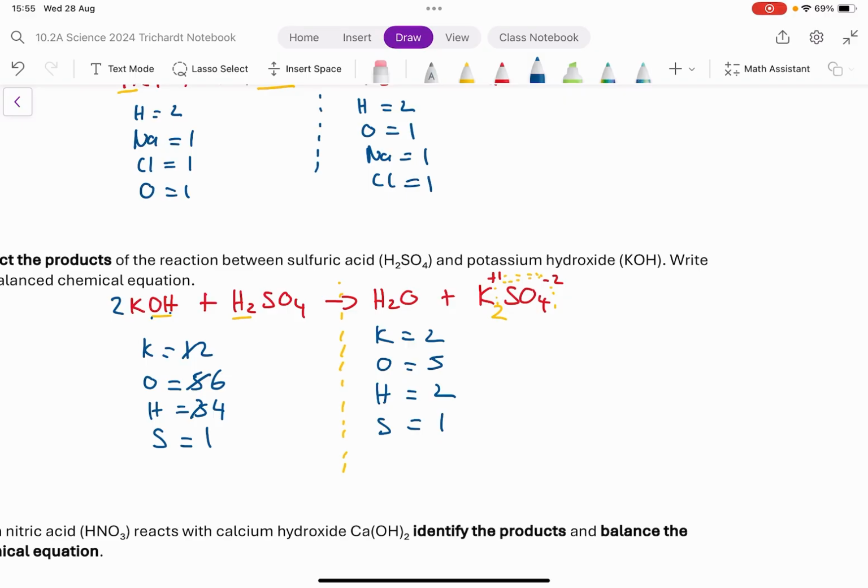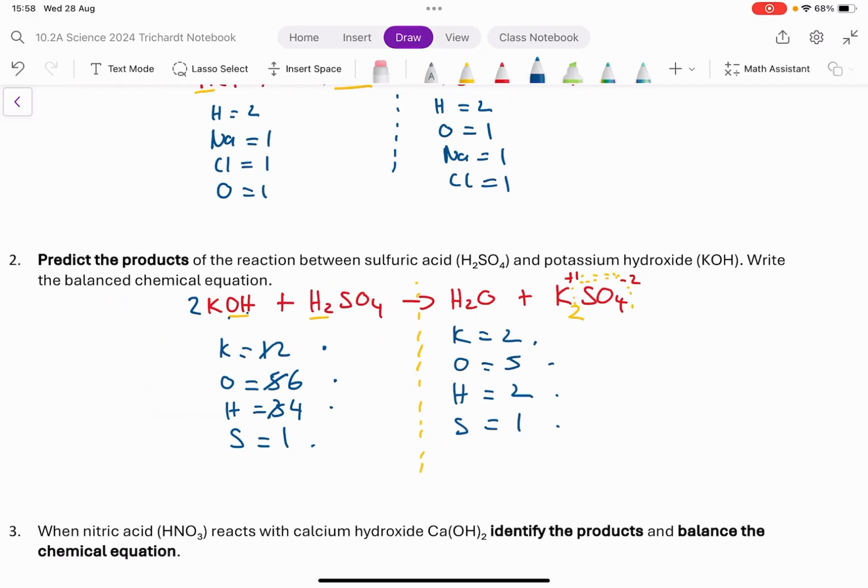Now I've got to check my potassiums are balanced on this side and on this side. Oxygens are almost there, 6 and 5. Ooh, this one's going to be a tricky one to balance. Hydrogens 4 and 2, S 1 and 1. 6 oxygens on the left-hand side, 5 on the right-hand side. To get this to 6, what I can do is double my water on the right-hand side, so put a 2 in front of it.